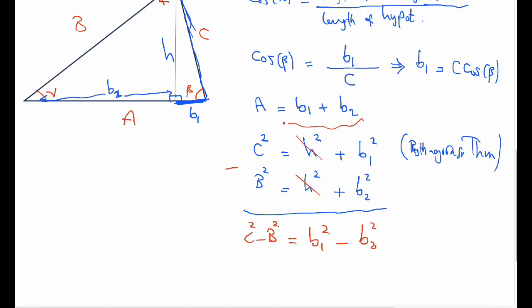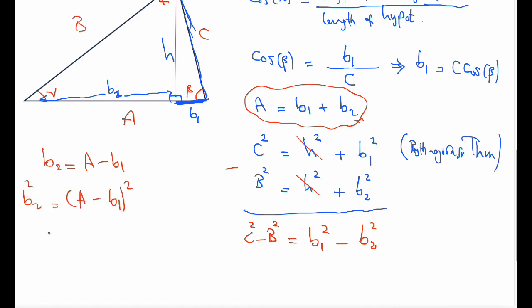Now we know that b2 can be written as a minus b1. So b2 square equals a minus b1 square.